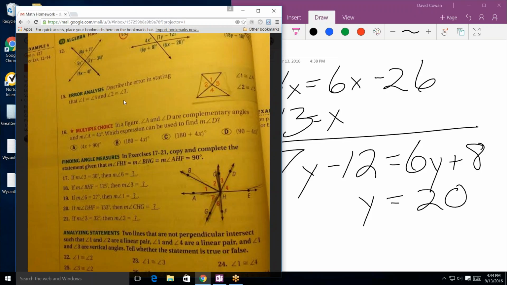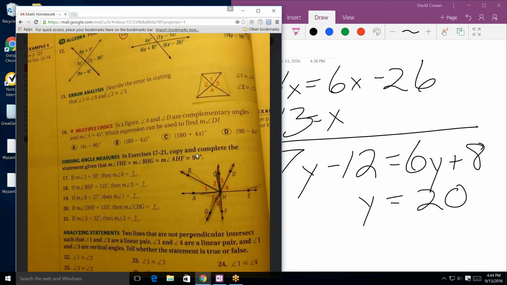Give me a minute. I'm trying to finish this answer for 14. I think we had x equal 13 and y equal 20. Oh, no, I'm doing 14.